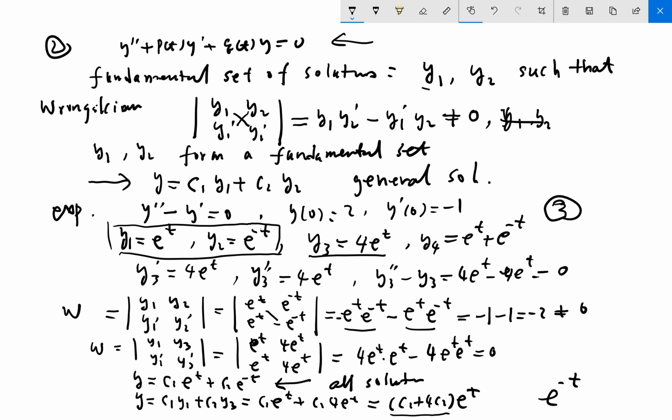Find two solutions, y1 and y2, such that they form a fundamental set, which means you find the Wronskian determinant. If it is not 0, then those are a good set. Then if you find a fundamental set of solutions, the linear combination will give you all the solutions.